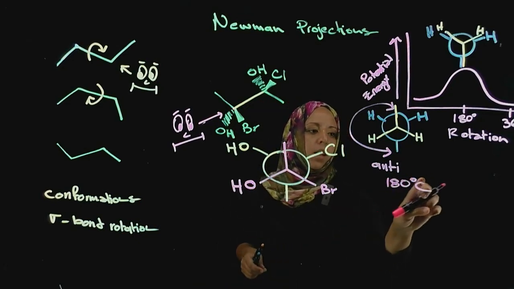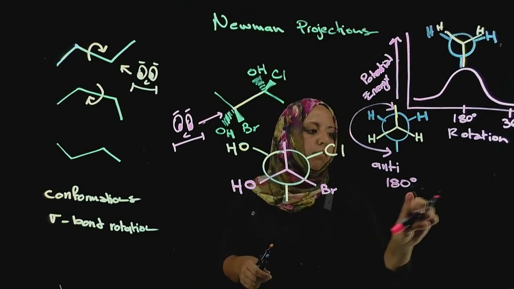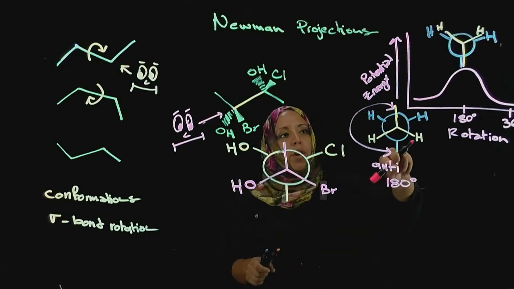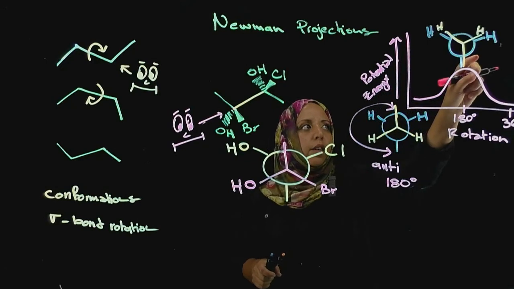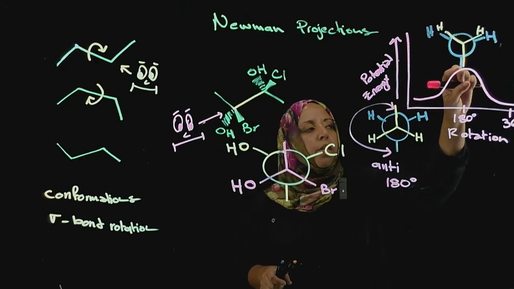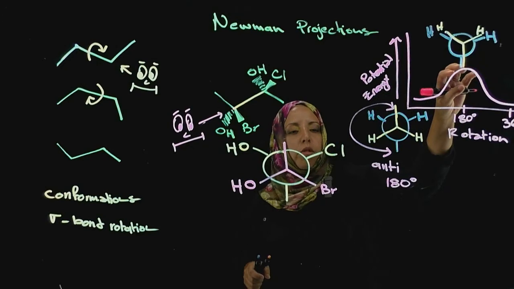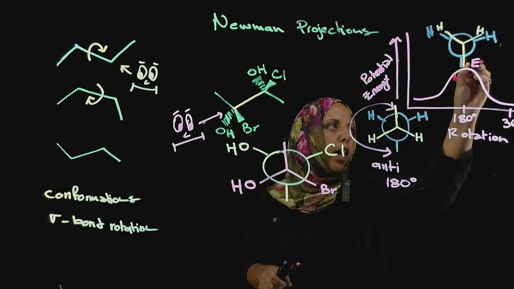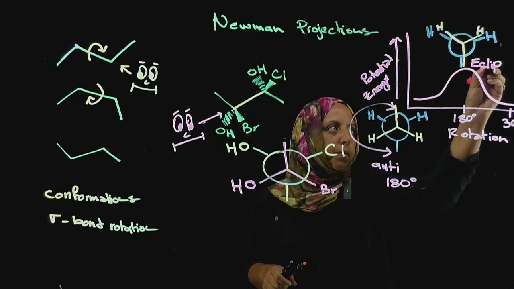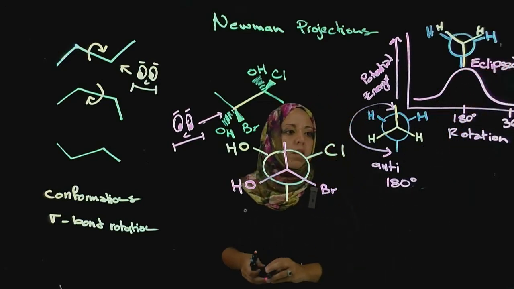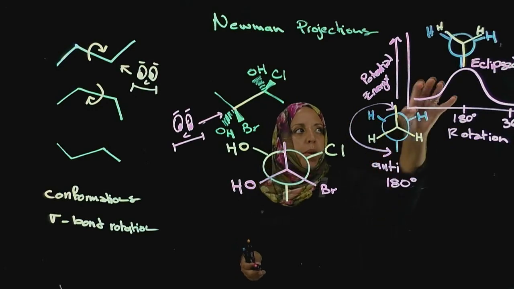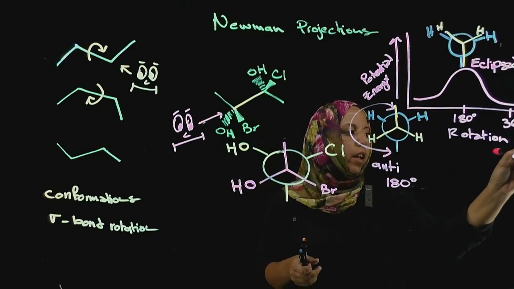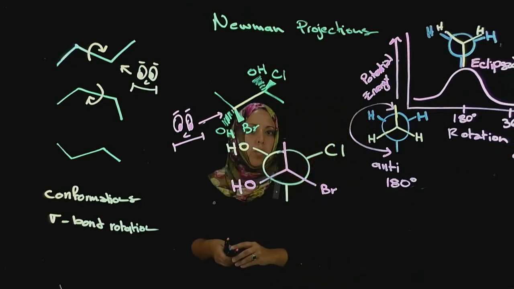They're 180 degrees, not Celsius. And if we rotate 180 degrees, then we're at a different conformation. When those 2 bulky groups are right on the same side, overlapping, we call that an eclipsed conformation, right? So we're going from an anti-conformation to an eclipsed conformation, and at the end we're going to end up having an anti-conformation once again.